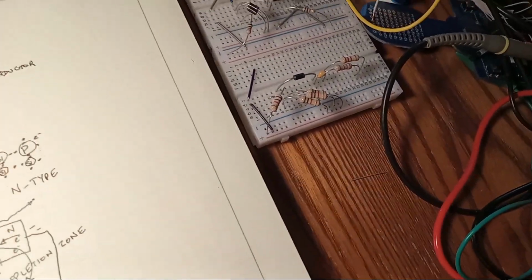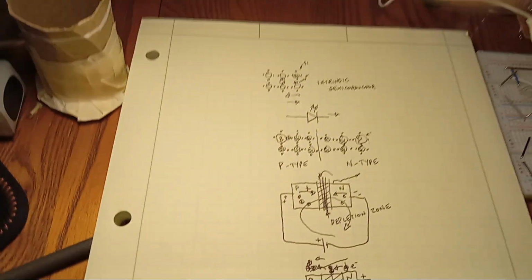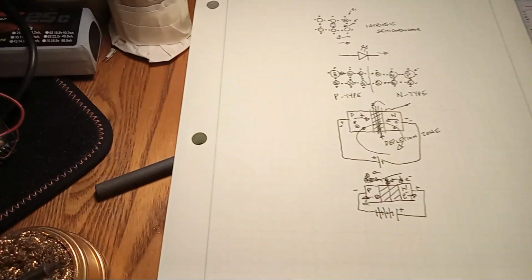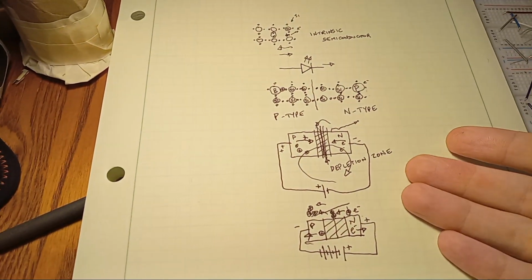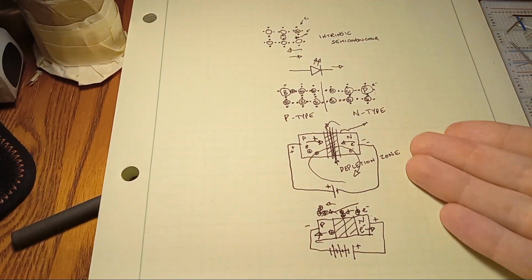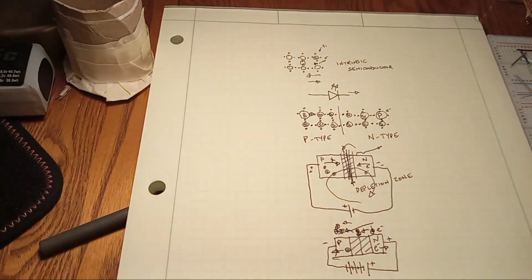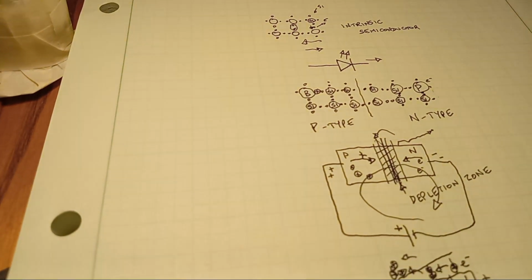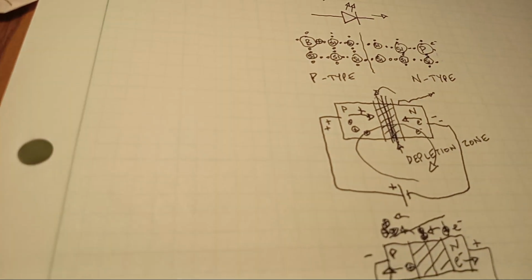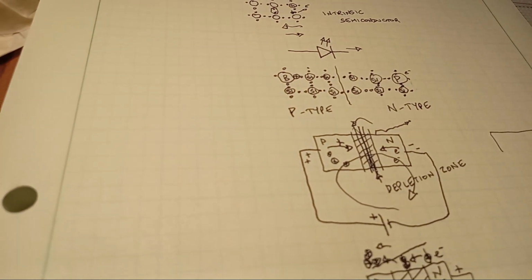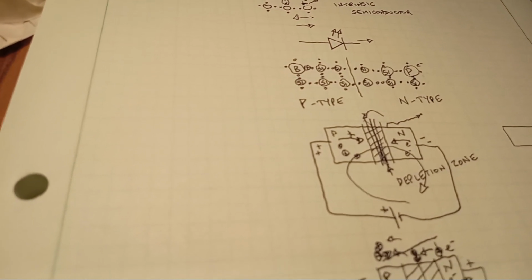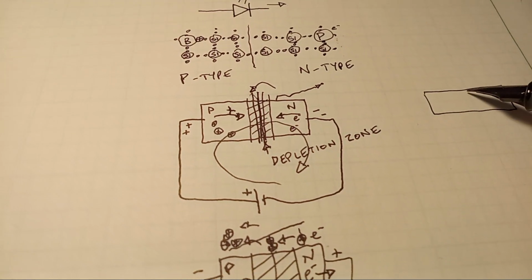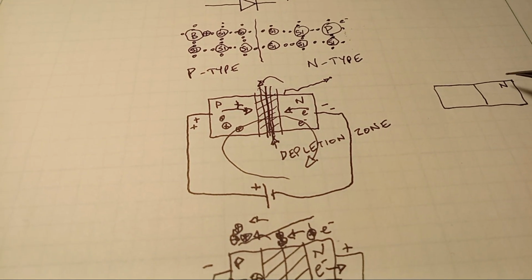So, try to end these things with something practical, rather than just me gesticulating at these beautiful diagrams. One other thing I should mention: when the depletion zone forms, it has a bit of an electric field associated with it that is internal to the depletion zone.